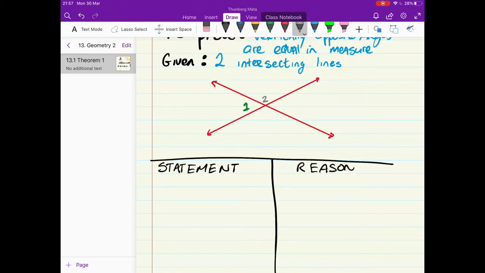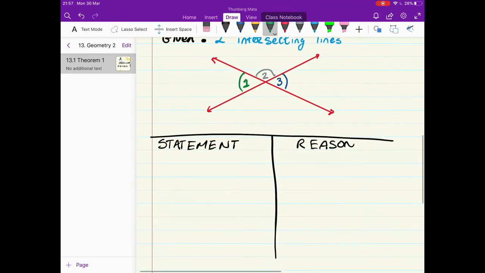So the angles I have, I'm going to label this as angle 1 for simplicity. I'm going to label this one as angle 2, and I'm going to label this one as angle 3. So I have 3, 2, and 1. So the first statement I'm going to make is that the measure of angle 1, the lines outside mean the measure of, the angle symbol means angle, and the 1 means we're talking about angle 1.